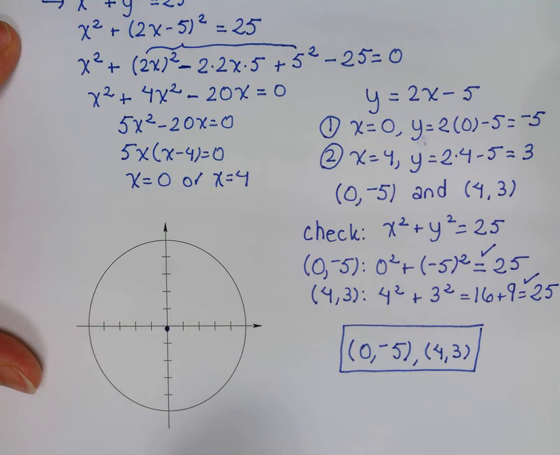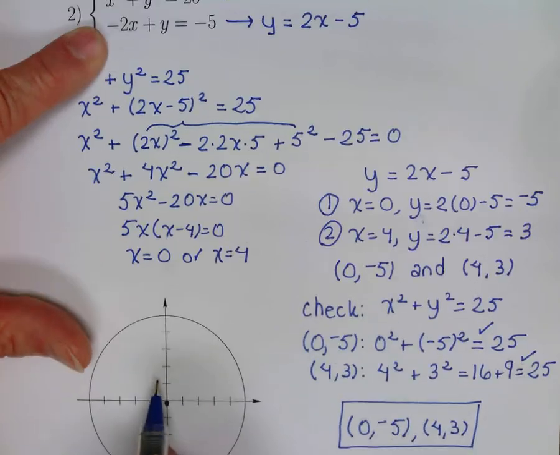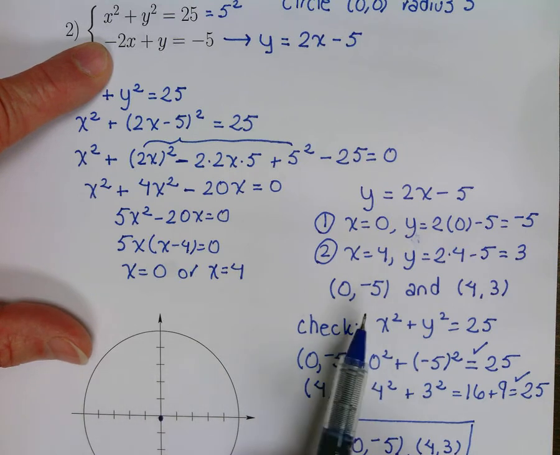And so let's confirm that by graphing. Here's the circle, it's already drawn, and our line is minus 2x plus y equals negative 5. And let's see, we know that if x is 0, y is negative 5.